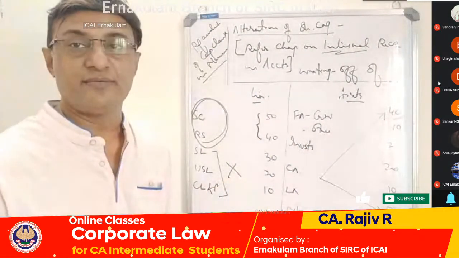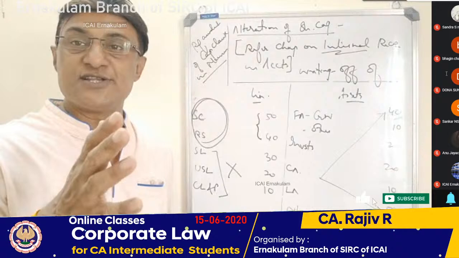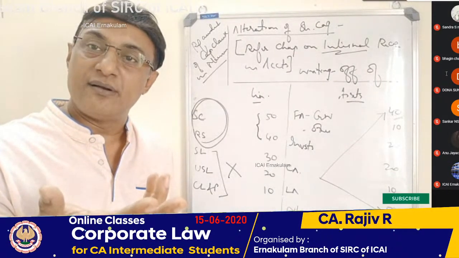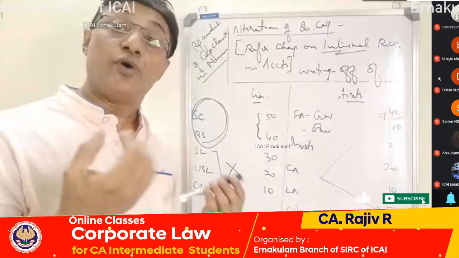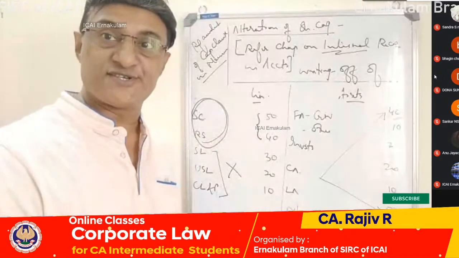Journal entry. So any account can be debited, any account can be credited. As long as it is not cash or bank, it won't affect anyone. These are what we call the book entries. So for a chartered accountant, book entries are more dangerous.